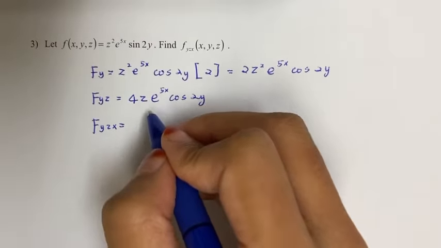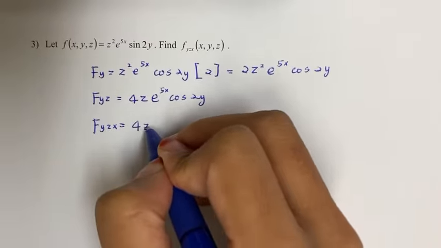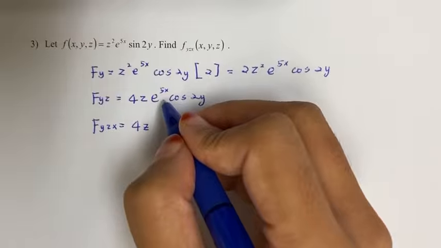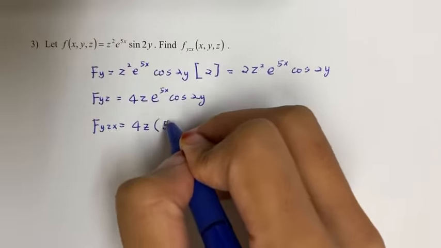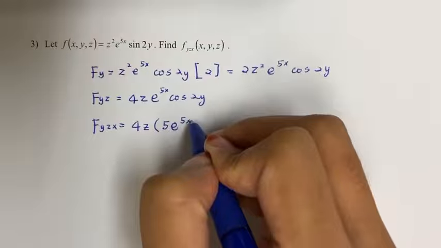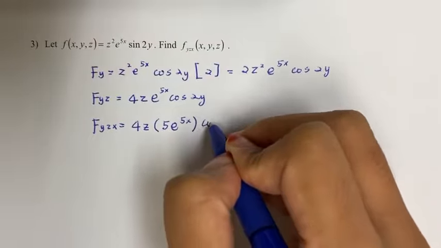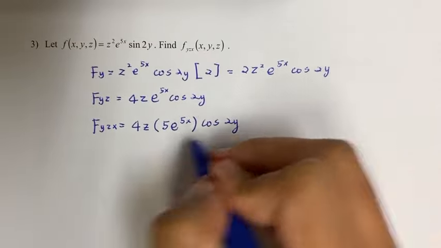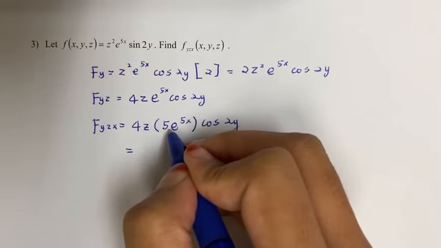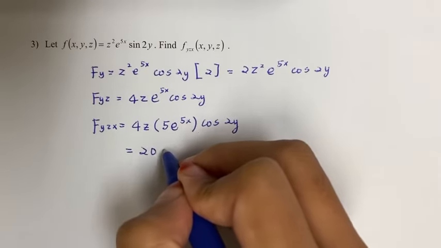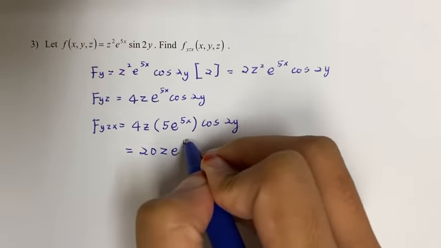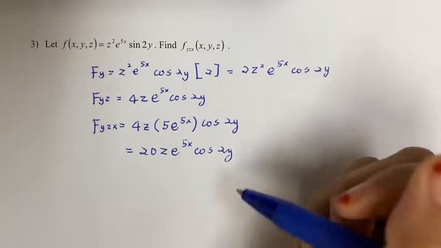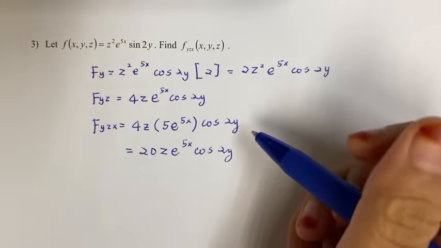So 4z remains. Exponent 5x, differentiate exponent 5x with respect to x, you have 5 exponent 5x. Cos 2y remains. So for this one, multiply 4 with 5, you have 20 z exponent 5x cos 2y. Okay, so this is the last answer for this example.